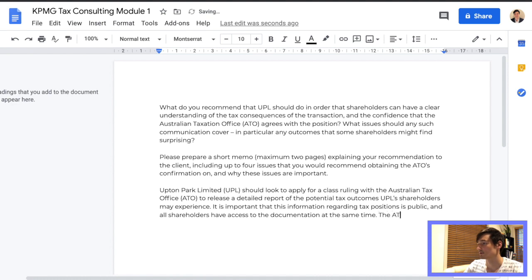The reasons are to make it public information to all shareholders, so that people have access to it in a public setting.